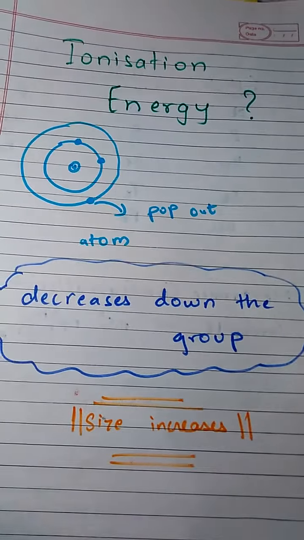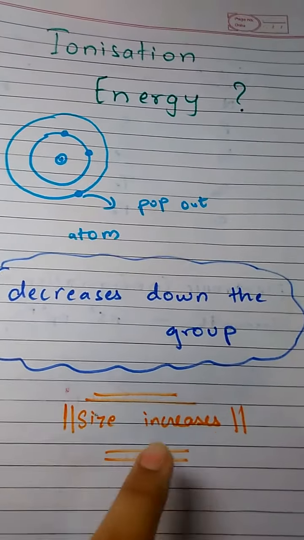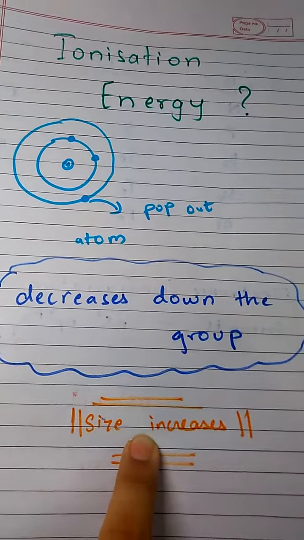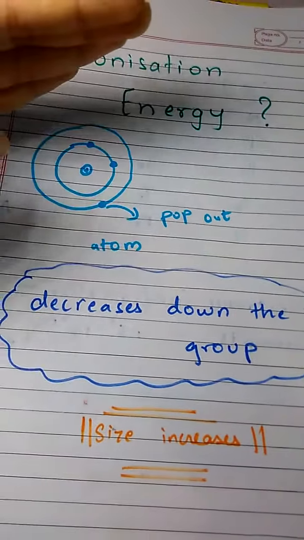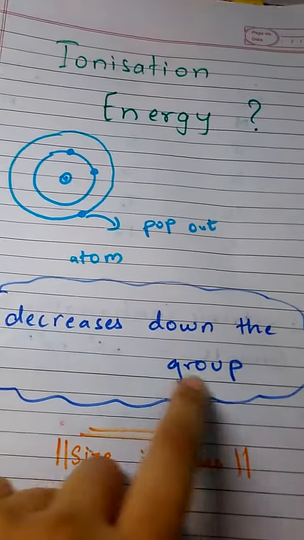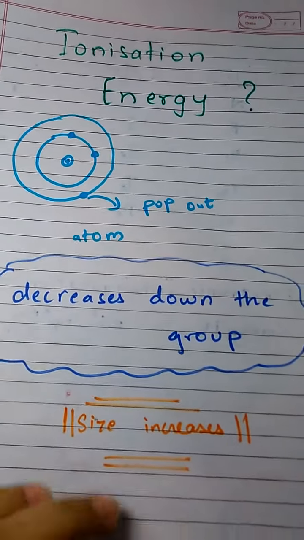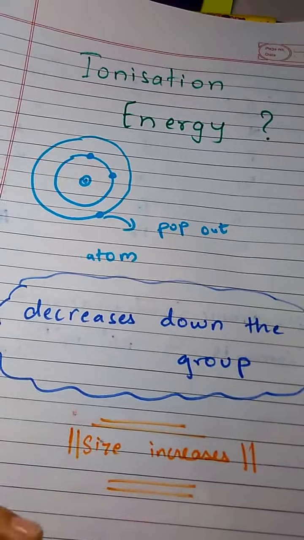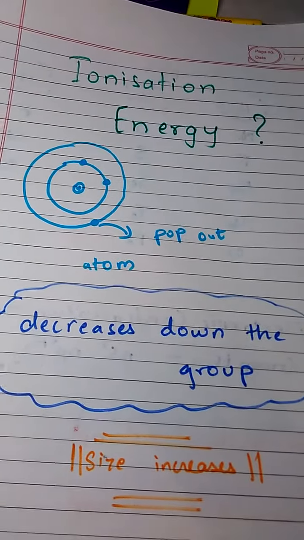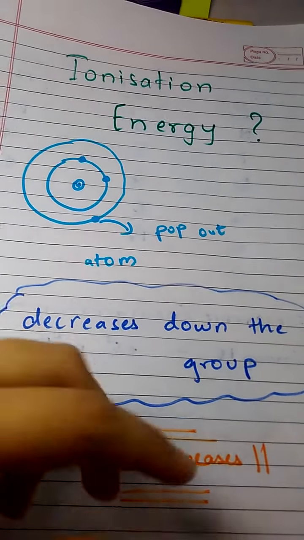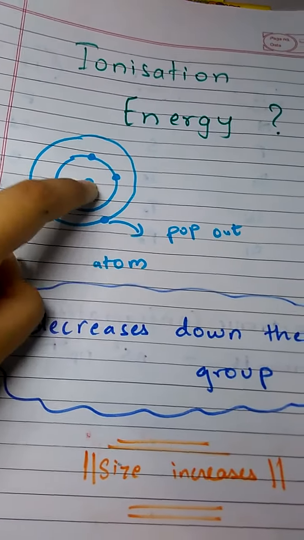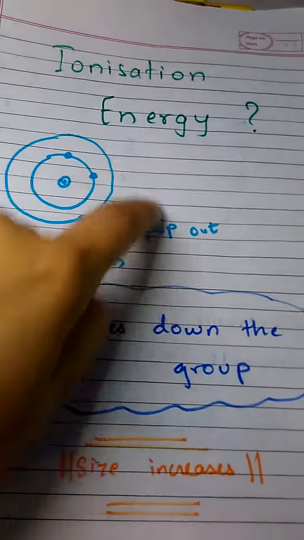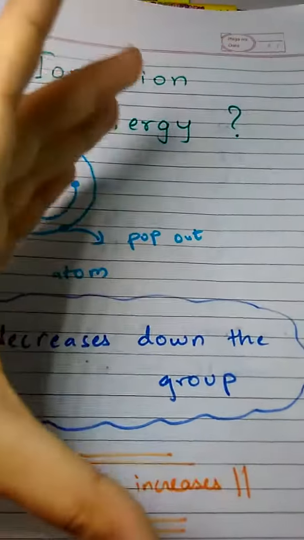Now, why? Size increases. It is the main factor which makes it decrease down the group. Size increases in the group and the ionization enthalpy decreases down the group. So the lower elements need less ionization enthalpy to pop out an electron, because the nucleus has less control over the outer orbitals when it grows in size.